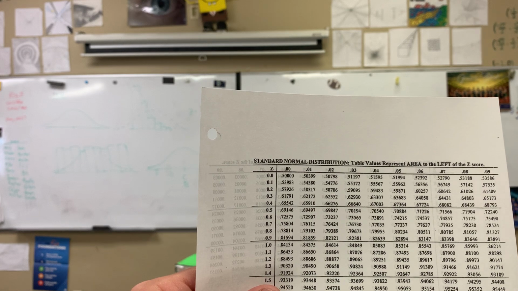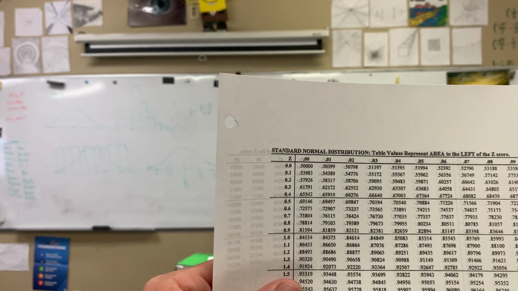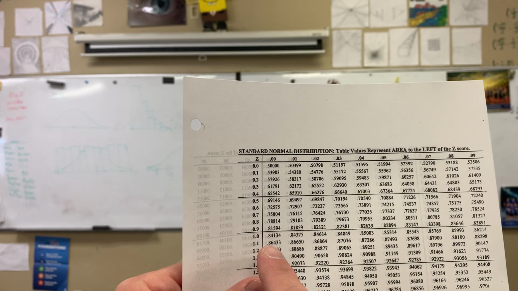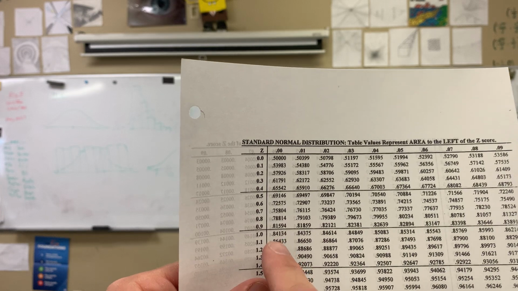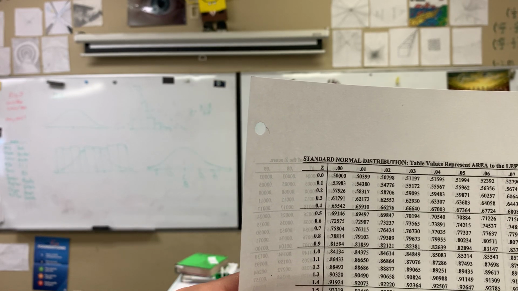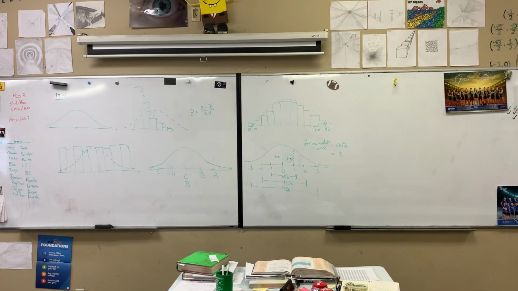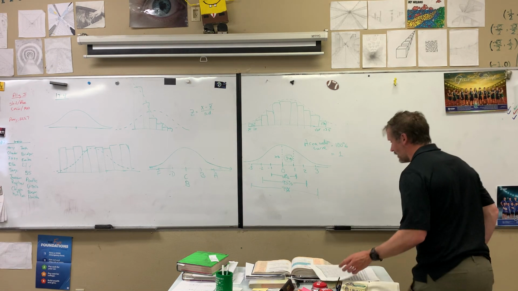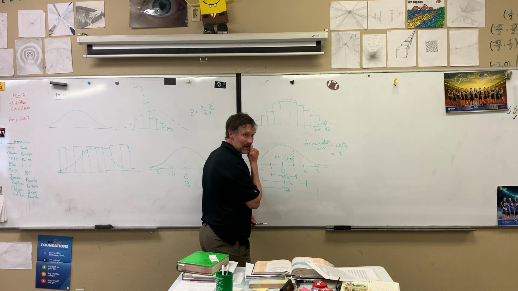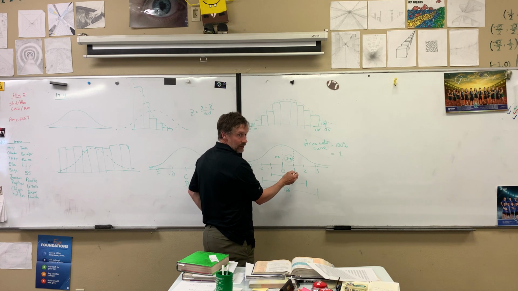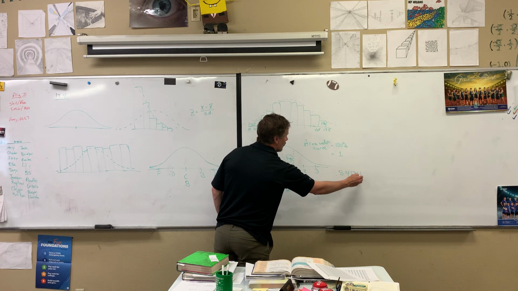All that's representing is 50% of your data up to 0, right? So when you look at this chart, if you wanted to know how much data is up to 1 standard deviation, you would look at 1.000, and that would give you 0.84134. That's 84%.